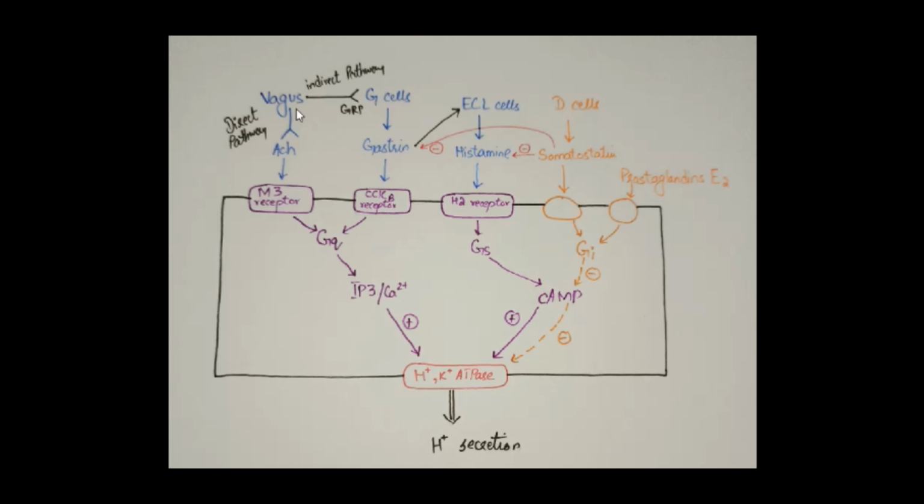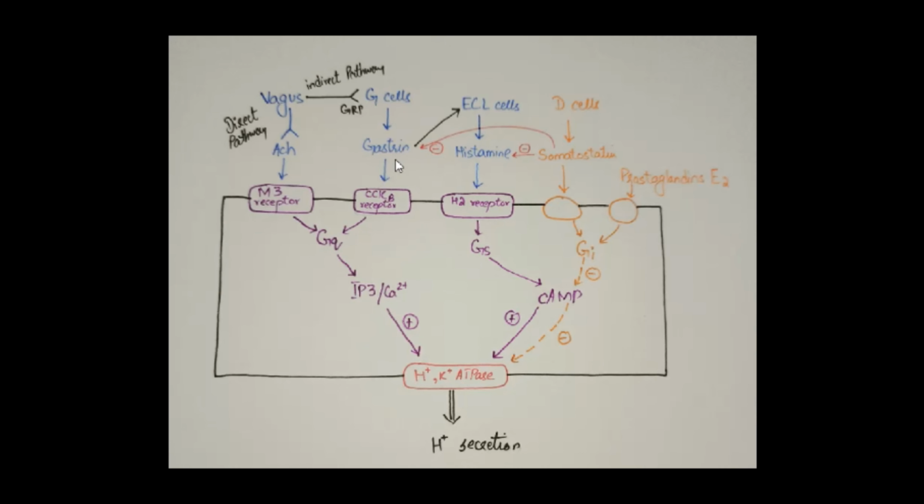The vagus nerve, on the other end, through an indirect pathway, that is via gastrin-releasing peptide, known as bombesin, stimulates the G cells, which produce gastrin. Gastrin acts through CCK-B receptors, and using Gq protein and IP3 and calcium as second messengers stimulates the hydrogen-potassium ATPase pump.